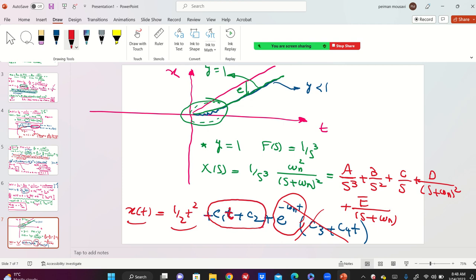So the error signal of the system, like the underdamped case, goes to infinity. The only difference is that for the underdamped system we have oscillation in the transient response, but here we don't.